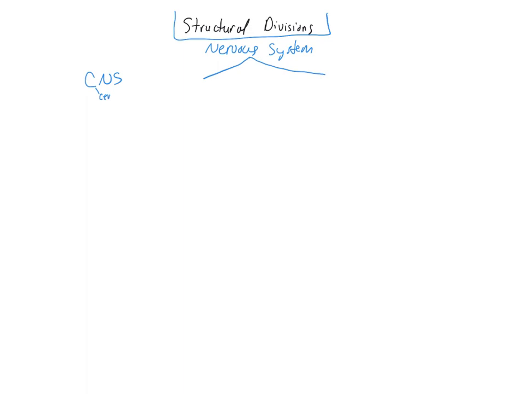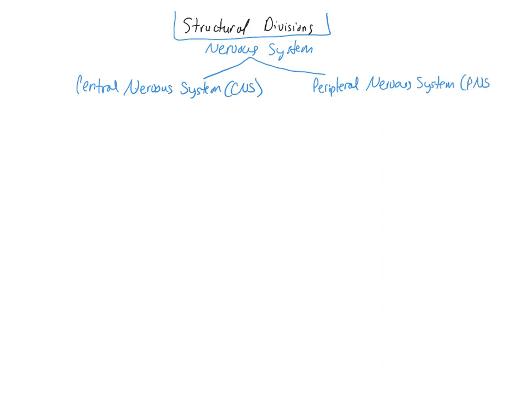So that's central nervous system, and the abbreviation for that, which I'm going to use from now on because my handwriting is terrible, is CNS. And then you've got your peripheral nervous system, and that we're going to abbreviate as PNS, okay?